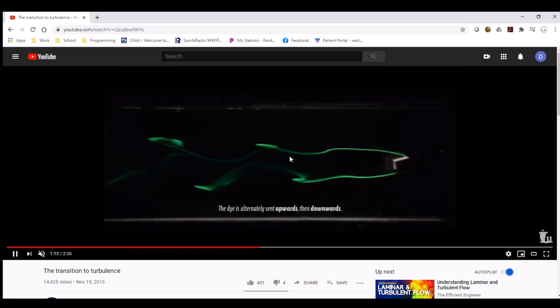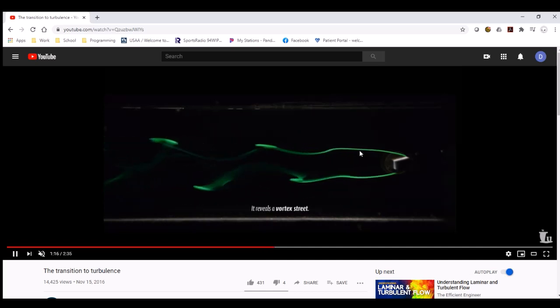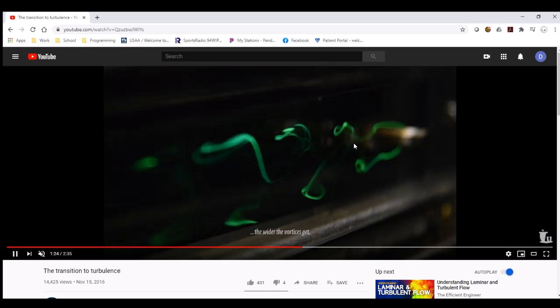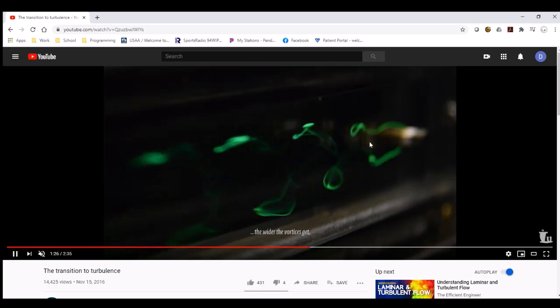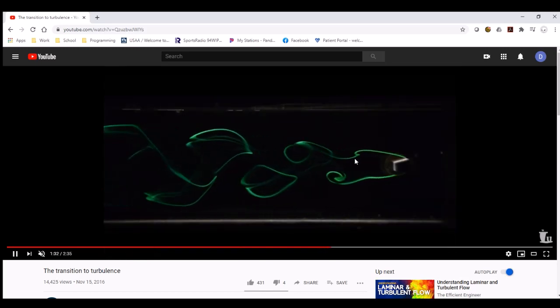These are somewhat periodic, right? You have a somewhat periodic vortex shedding is what it's called. So the inertial forces are starting to be roughly approximately equal to those viscous forces, and so these perturbations are allowed to persist. Okay.